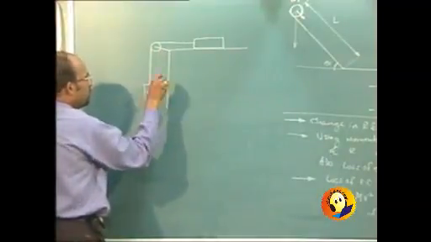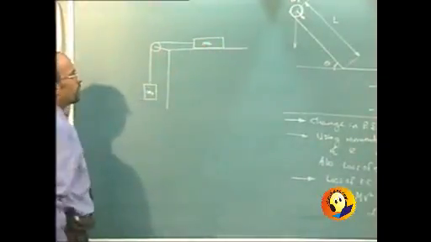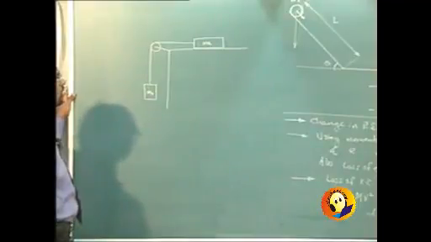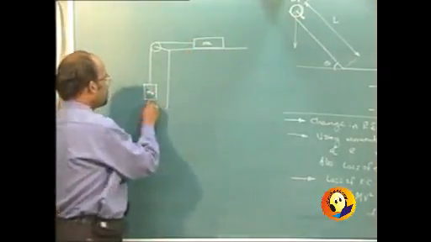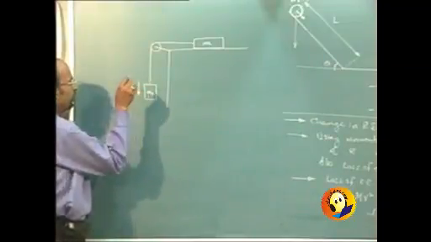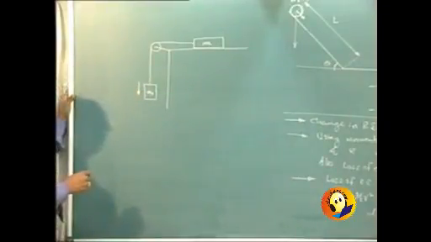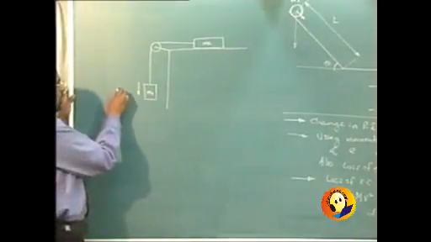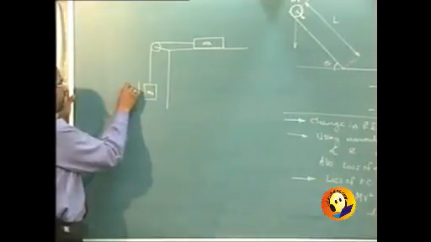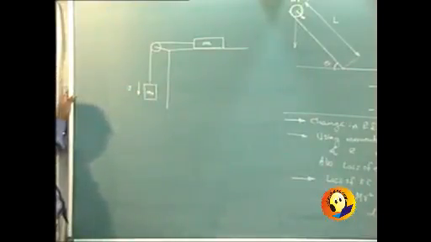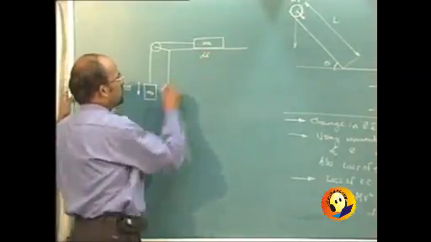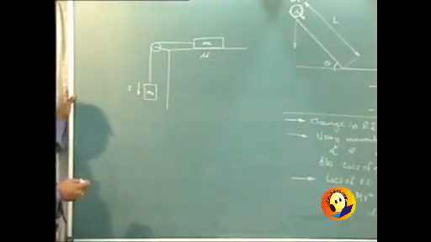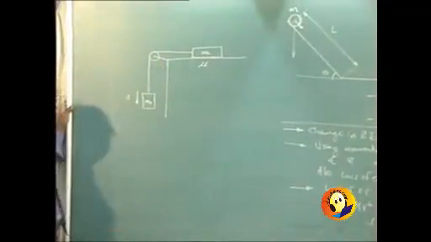This is mass m1, this is mass m2, and we are given that m1 is moving down with some velocity v. We are also given the coefficient of friction, and we are required to determine the tension in the particular string.